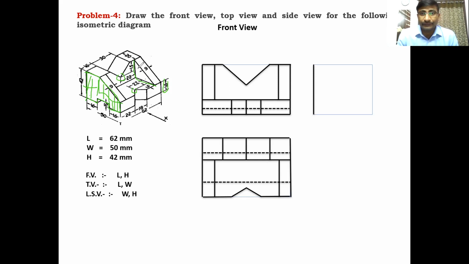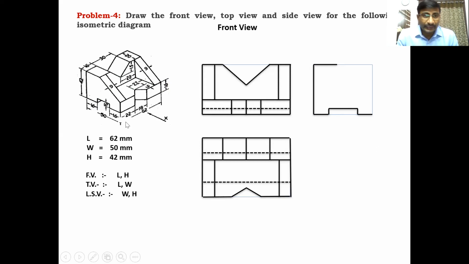Let us start the side view. First, draw the vertical line, and draw a horizontal line of length 20 mm. This length is 20 mm. And draw a 16 mm length line here at the bottom, and the depth is 6 mm, and this length is 18 mm, and the depth of the line is also 6 mm.